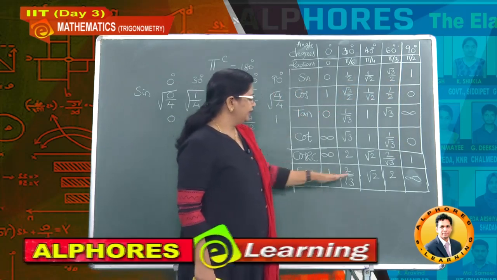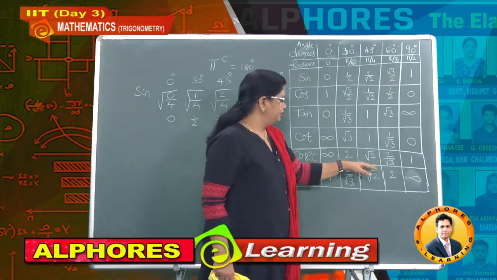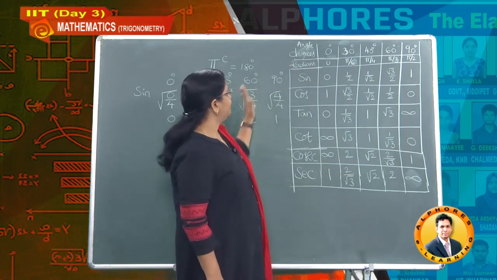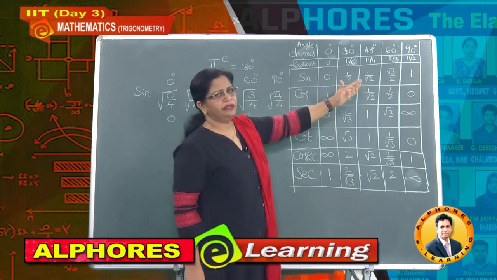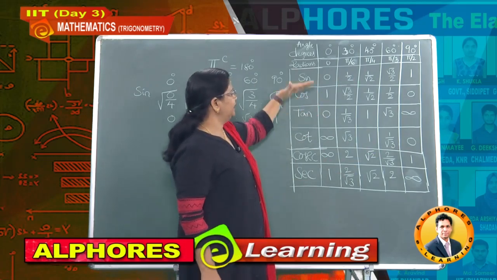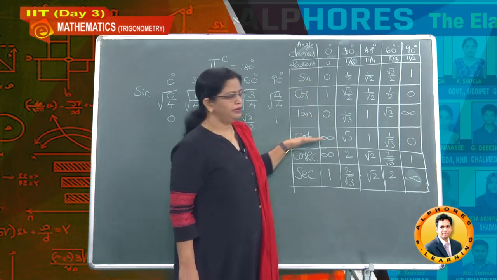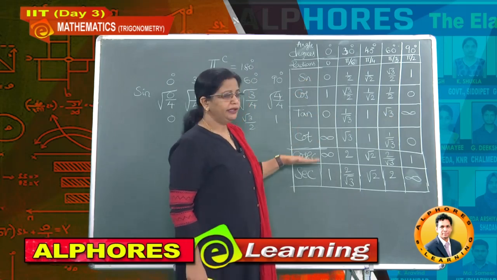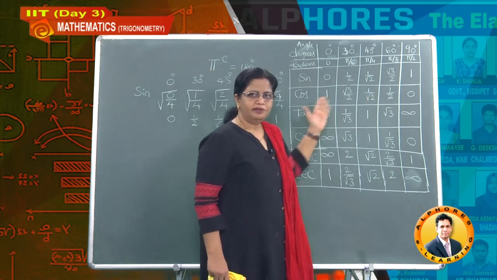And now secant, again you can write in the reversal order: 1, 2 by root 3, root 2 to infinity. So observe here, first the sine value, just one row if you can remember, cos is easy, reversal order, tan is nothing but sine divided by cos, and then cot value again you follow the reversal order, and next cosecant is the reciprocal of sine, for secant just follow the reversal order.